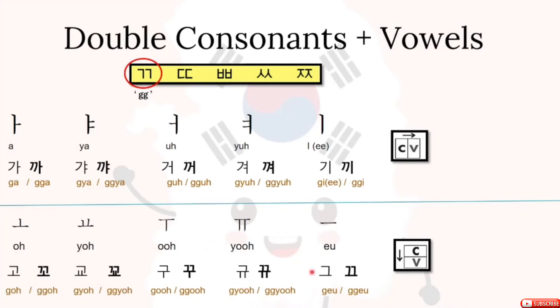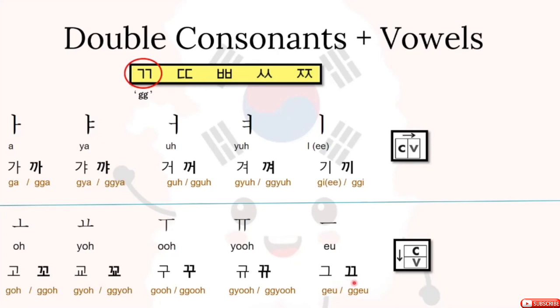And the double consonant and u becomes 규. Okay, the final one. Single consonant, 그, and 으 becomes 그. And the double consonant, 끄.